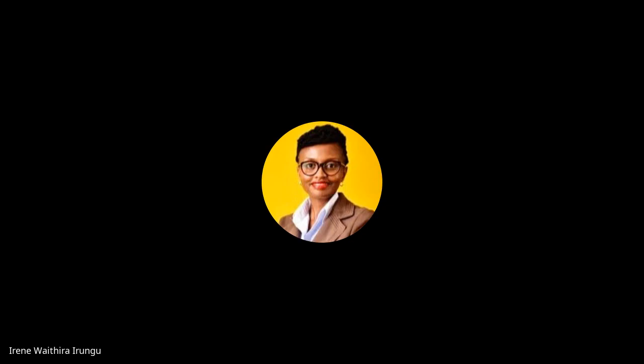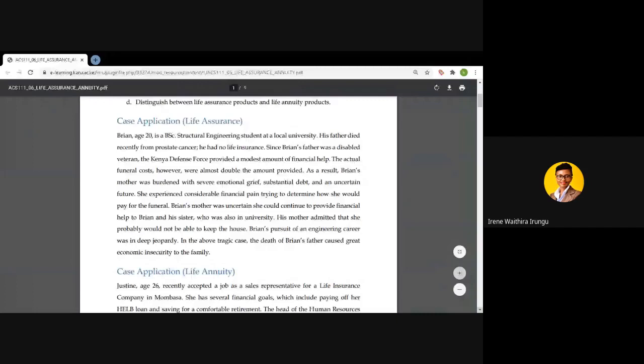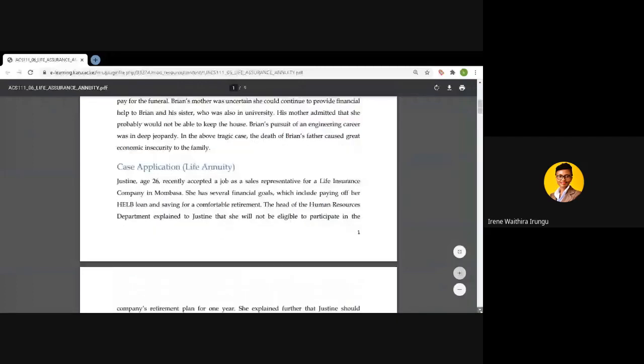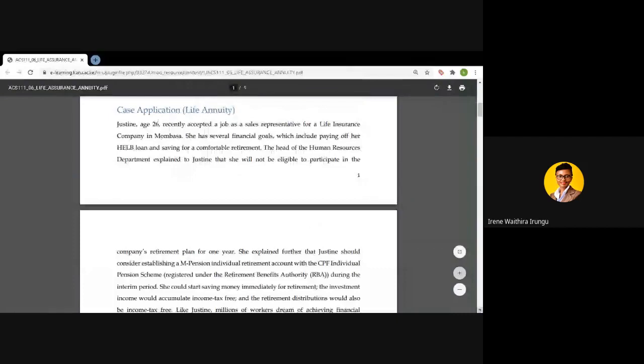So the next example is a case application where a life annuity can be applied in real life. So we have Justin, aged 26, who recently accepted a job as a sales representative for a life insurance company in Mombasa. She has several financial goals, including paying off her health loan and saving for a comfortable retirement.